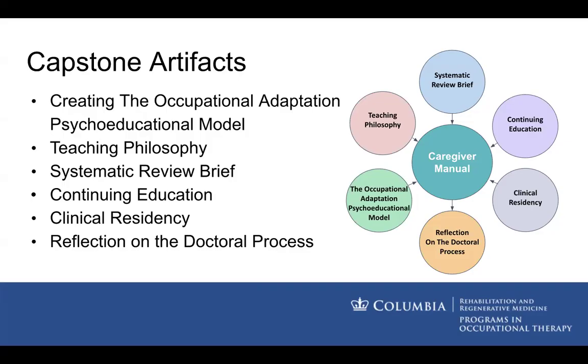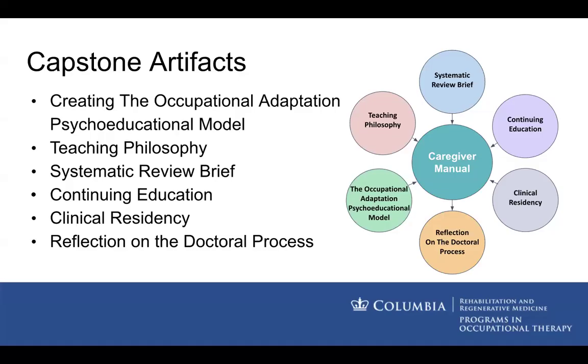My teaching philosophy really made me reflect on how best to create a manual for caregivers in a way that is digestible for them. A systematic review brief definitely helped inform my evidence-based review of the literature. The continuing education course I took, titled Cognition and Executive Functioning to Enhance Participation, also helped inform my capstone by providing targeted resources on executive functioning.